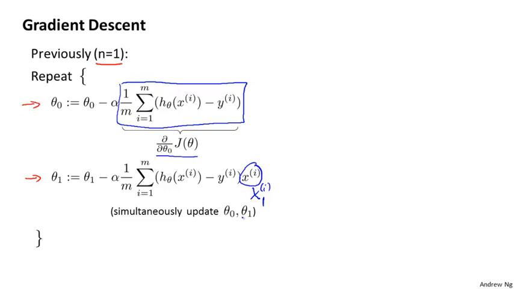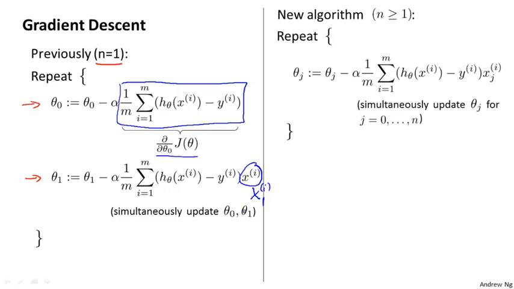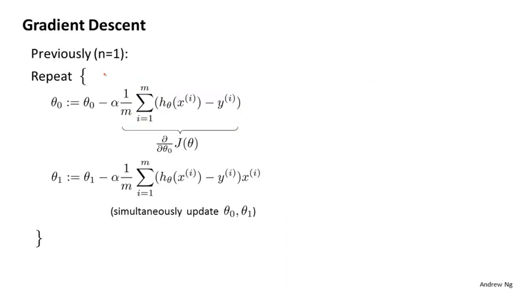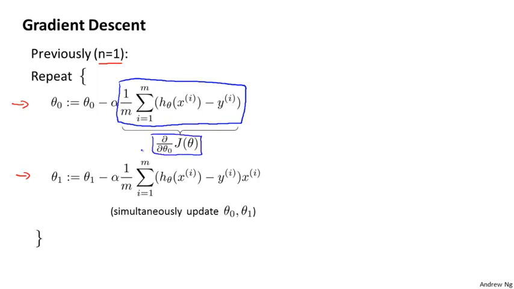Let's take a look at gradient descent for when the number of features n may be much larger than 1. Here's what we have for gradient descent for the case of n equals 1 feature. We had two separate update rules for the parameters theta 0 and theta 1, and hopefully these look familiar to you. And this term here was, of course, the partial derivative of the cost function with respect to the parameter theta 0.